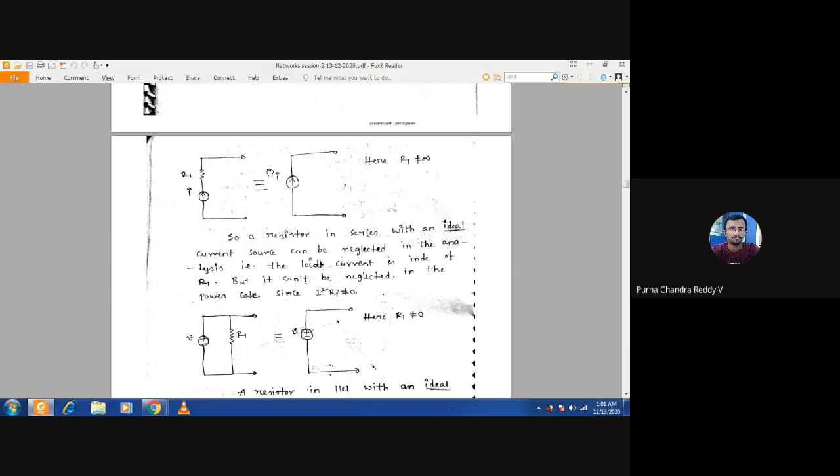So whenever you are measuring load current for this kind of network, you can ignore this resistor, because the current flowing through this resistor is the same.